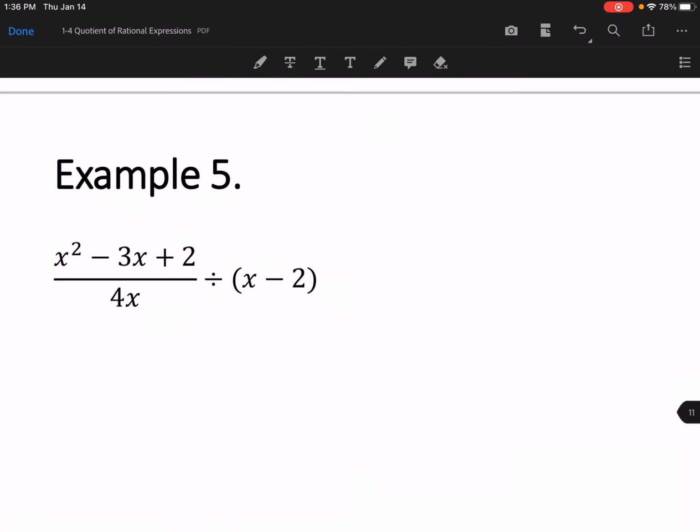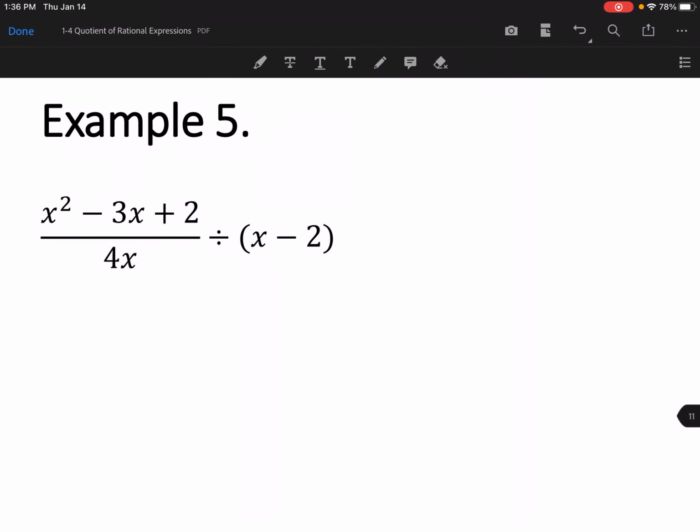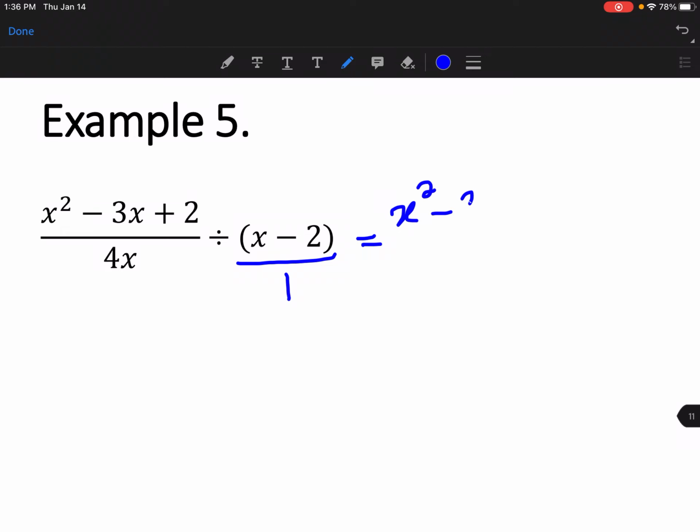So let's simplify. What if I have x squared minus 3x plus 2 all over 4x, divided by x minus 2? Now, if I have x minus 2, what's going to be my denominator? That we understood to be there is a 1. So now we're going to keep, change, and flip. So this is equal to x squared minus 3x plus 2 all over 4x.